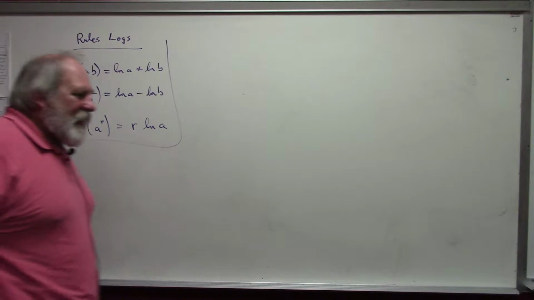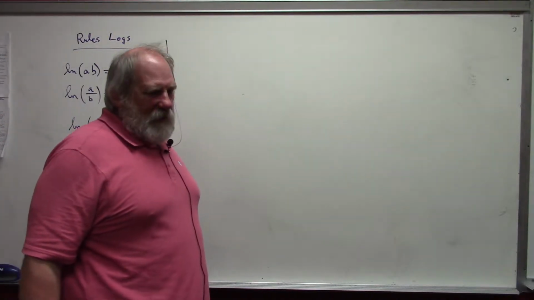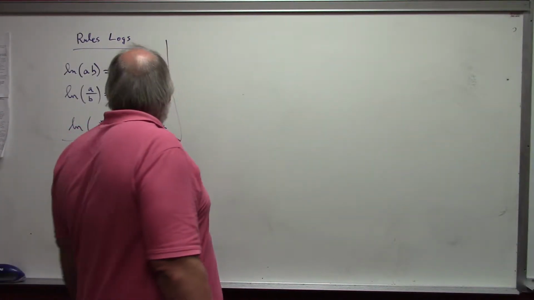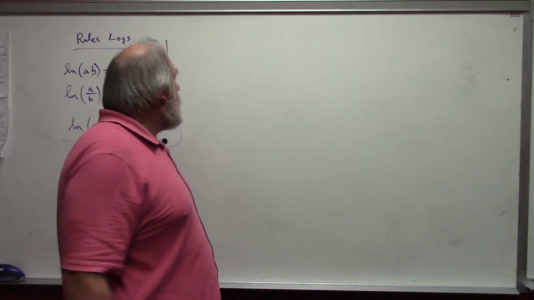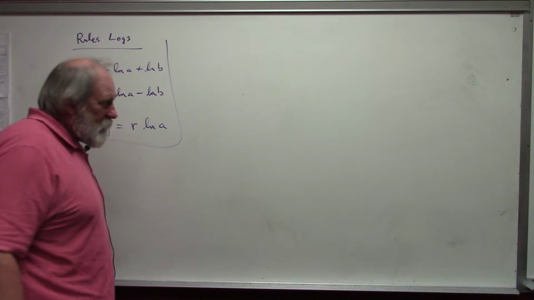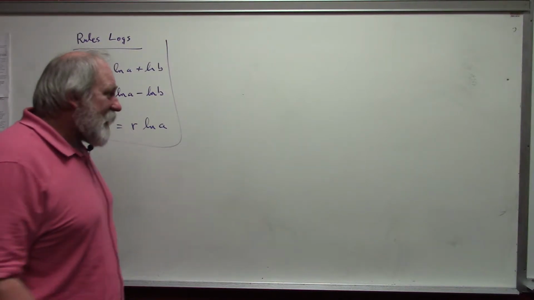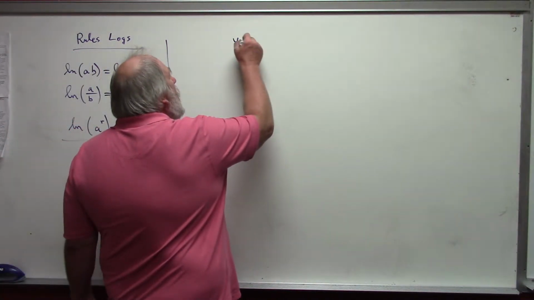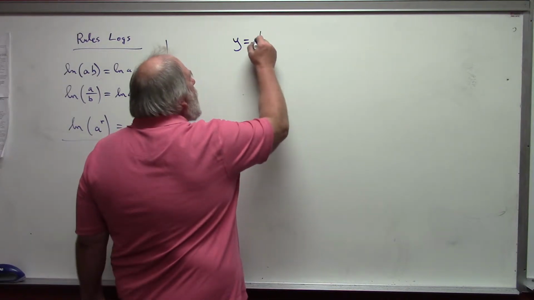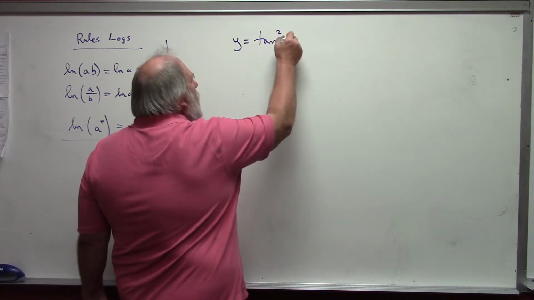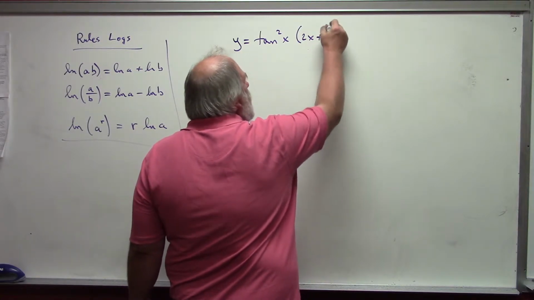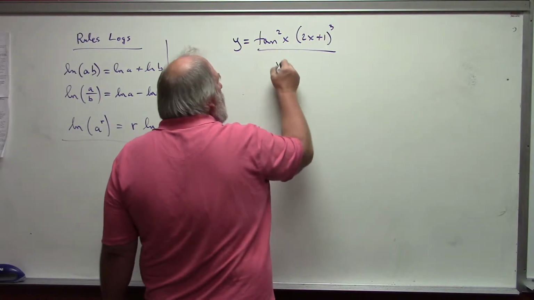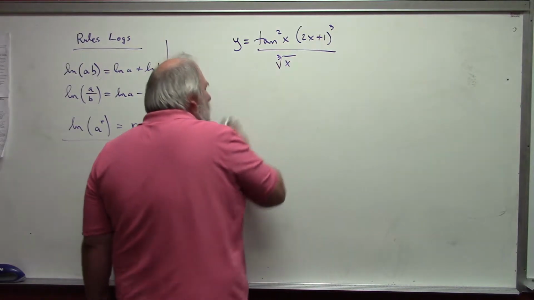So if I have a complicated function that has parts combined by powers, multiplication, or division, we can use the rules of logarithms to help us. For example, suppose I have y equals tangent squared of x times (2x plus 1) cubed over the cube root of x, and I want the derivative of this.